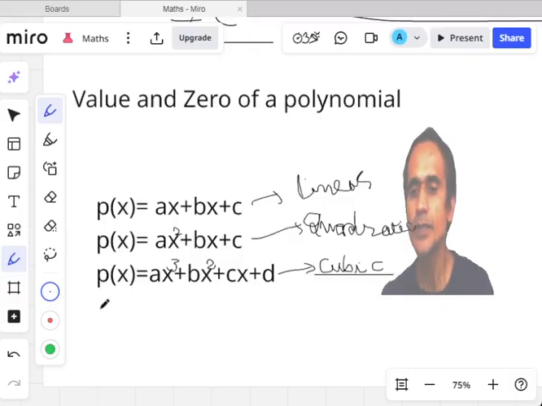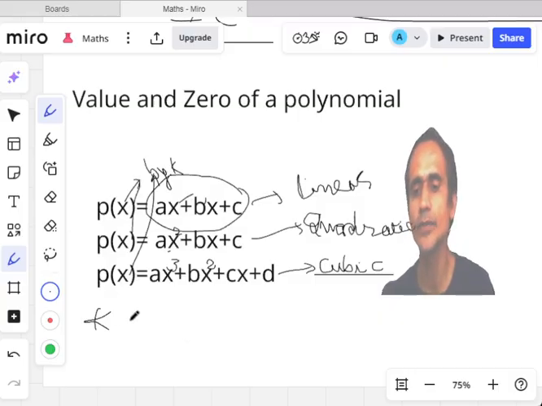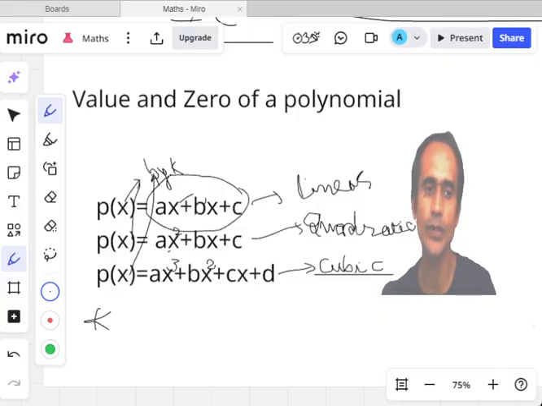So suppose we have a real number k, and if we replace this x by k, this x by k, this x by k, then the value that we get after replacing x by k is known as the value of the polynomial at k.